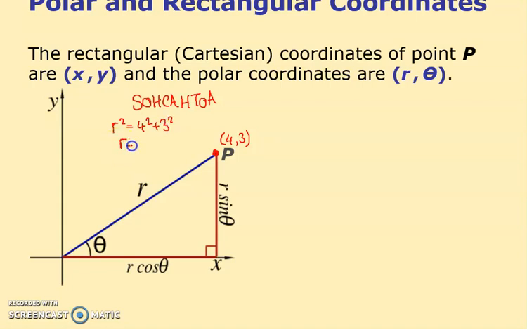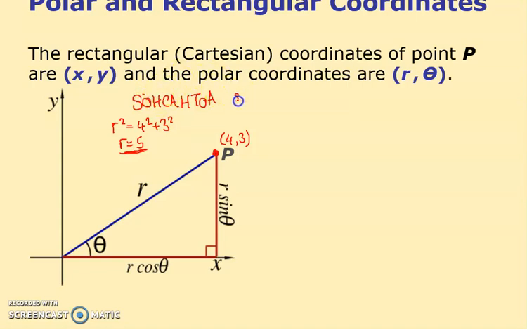And it doesn't take much to realize the Pythagorean triple, therefore my r is 5. I could also work out my theta using my knowledge of trigonometry. So I could say, well, say I took sine theta. Sine theta is opposite over hypotenuse.